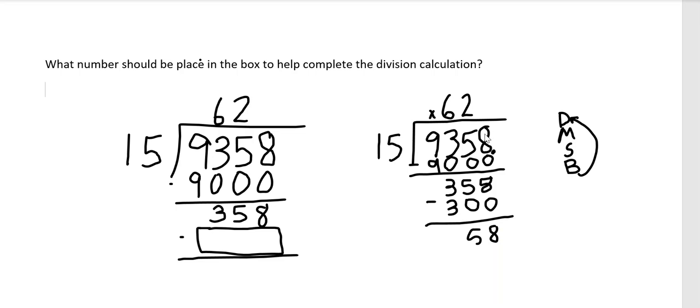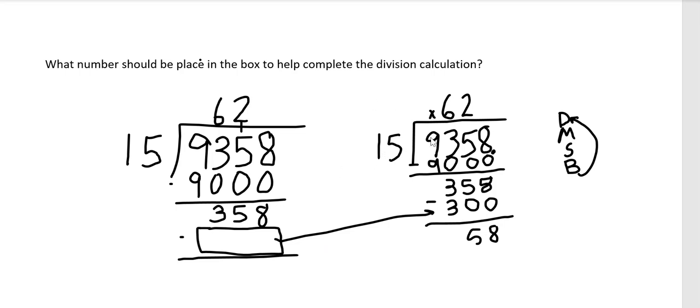Well, we get 5, bring down the 8 if we're doing this without using that place value. But if we just subtract 300 from 358, we get 58. And now we can continue dividing. But we do see what goes into that box. It would be 15 times 20 since the 2 is above the tens place, and 15 times 20 is 300.